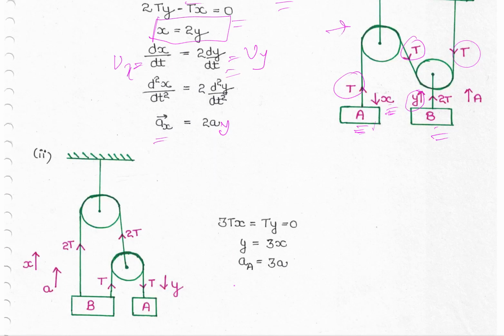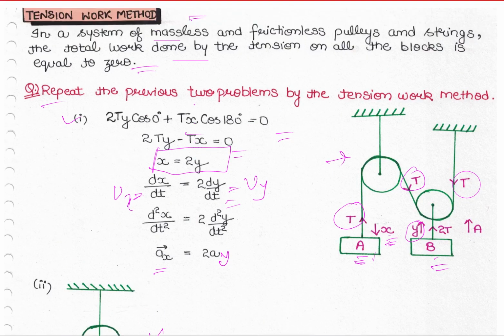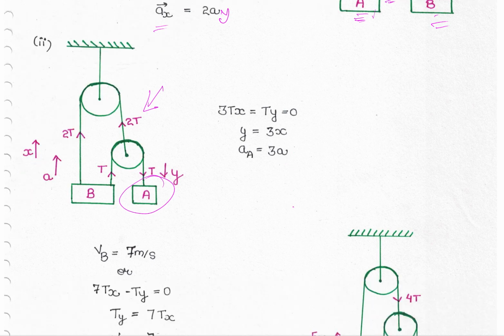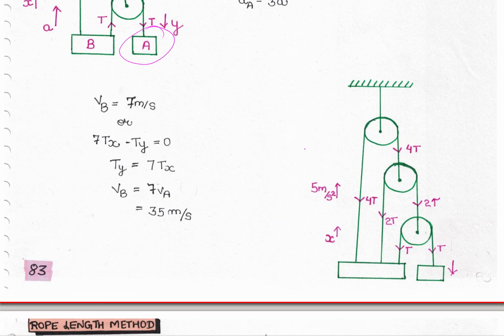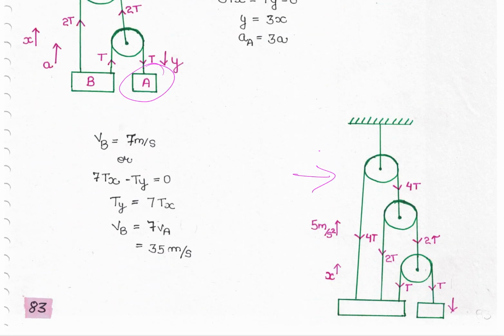Okay, and for this diagram you can easily find, using the tension work method, what its acceleration would be. Okay, and check for this situation also, using this method, the tension work method.